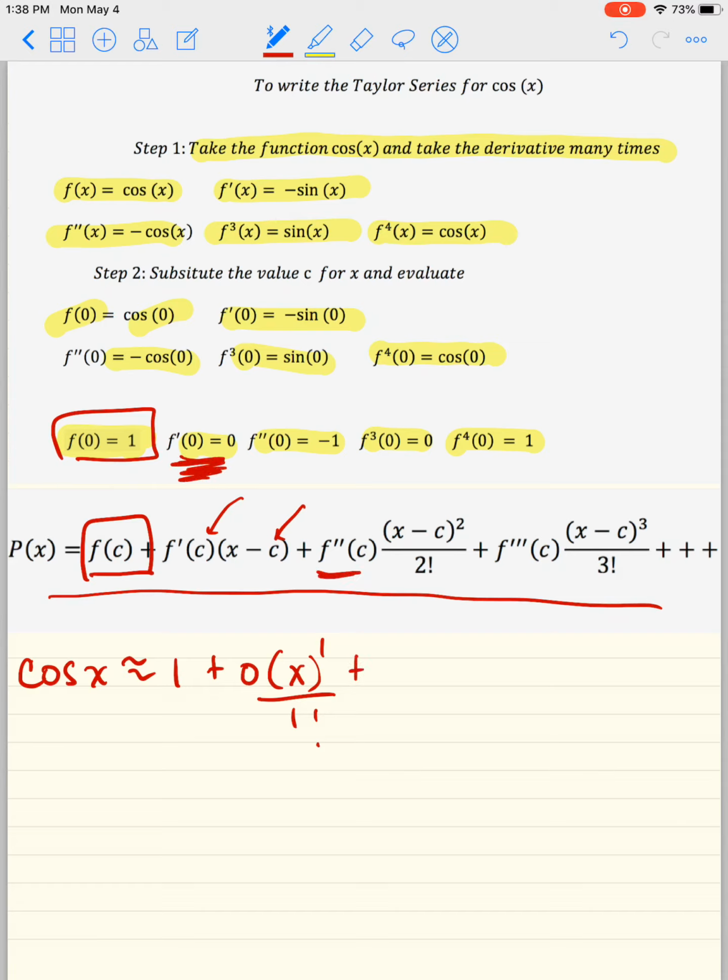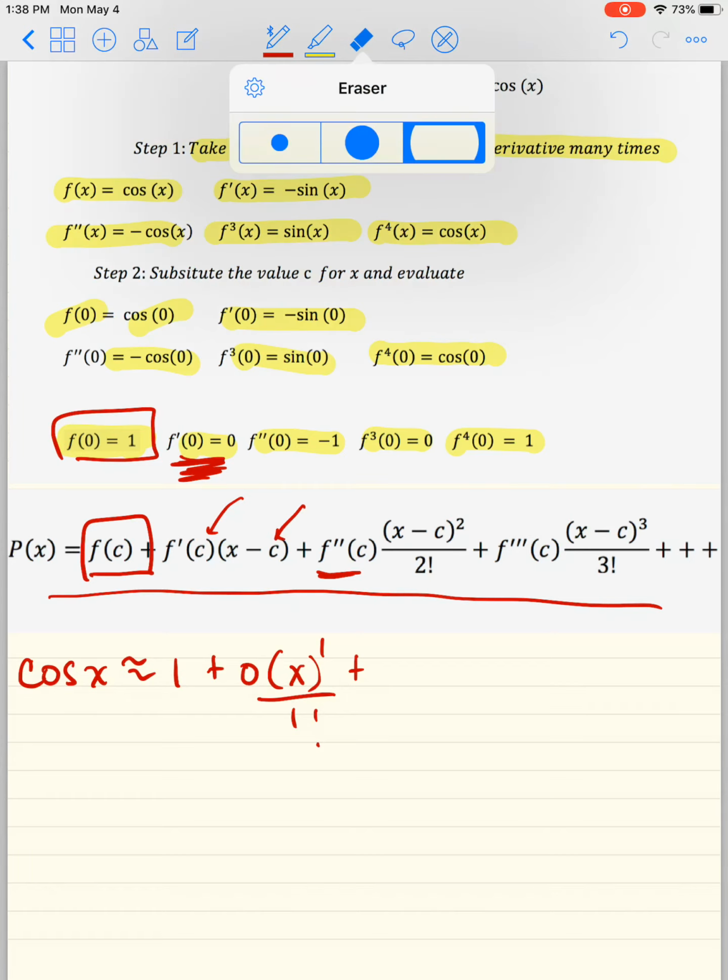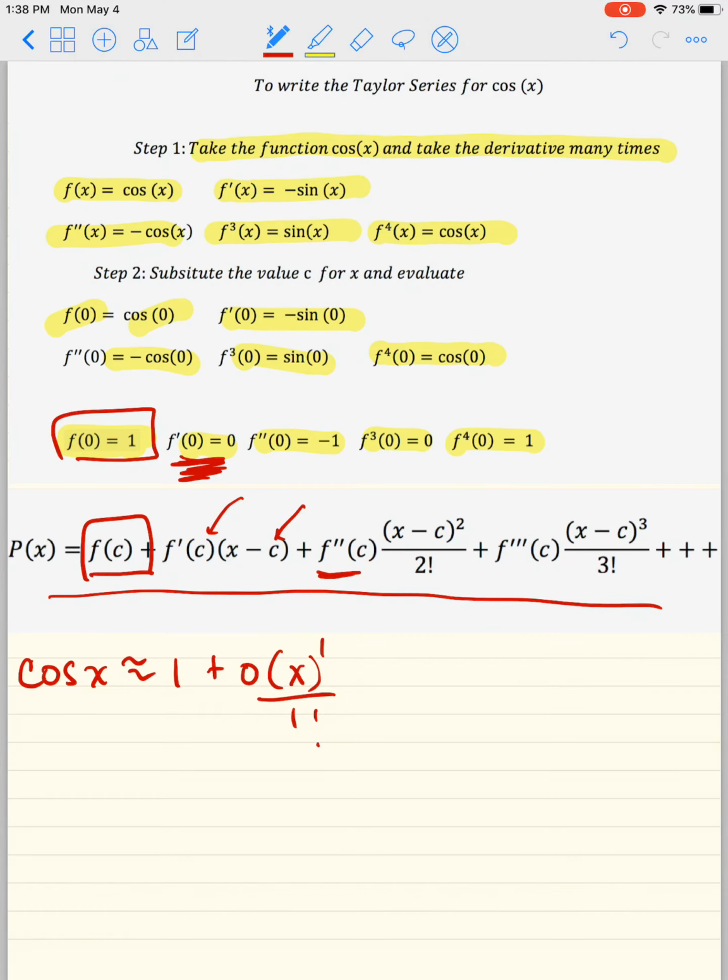Next, f double prime of 0, let me take away that there, minus 1 times x minus 0 squared over 2 factorial plus 0 times x to the third over 3 factorial. And finally, we're going to do one more because we have it here. It's going to be plus x to the fourth over 4 factorial.